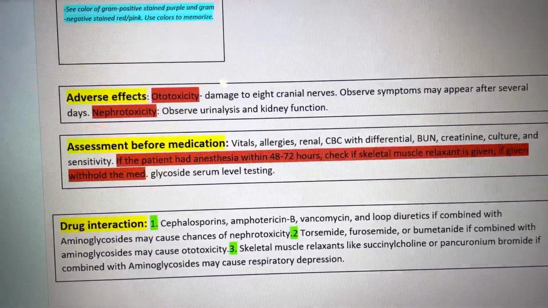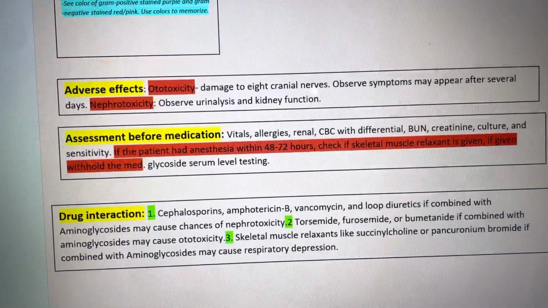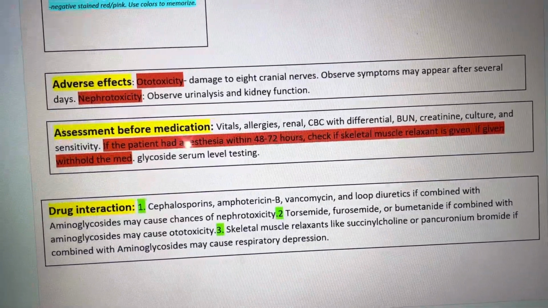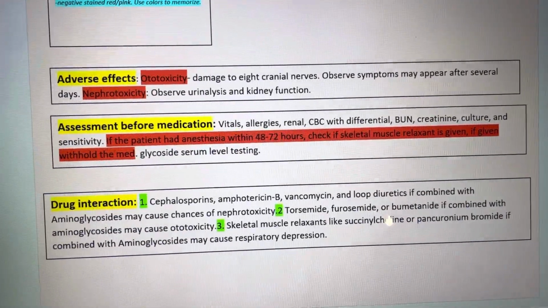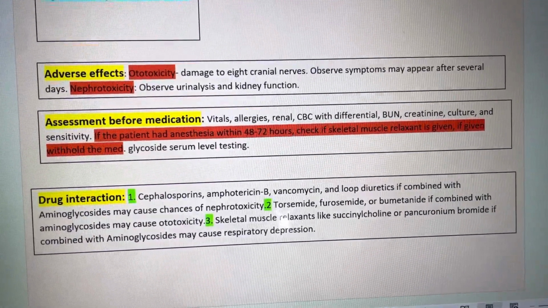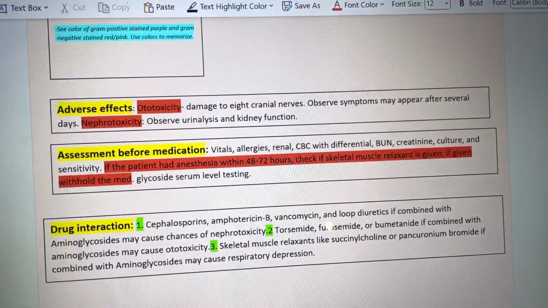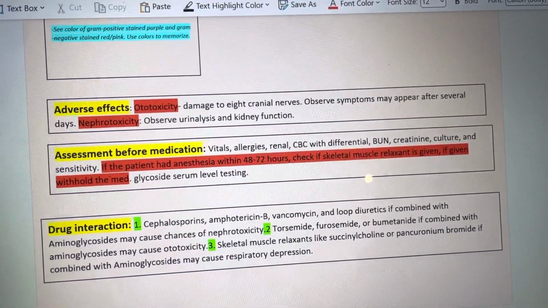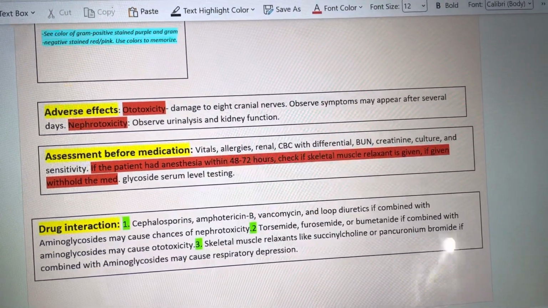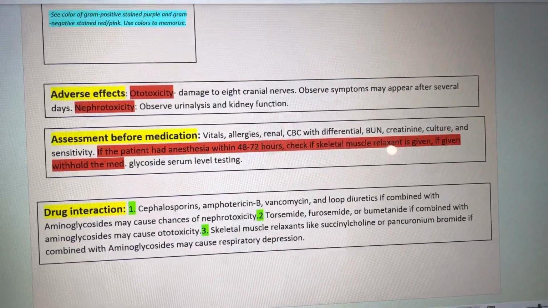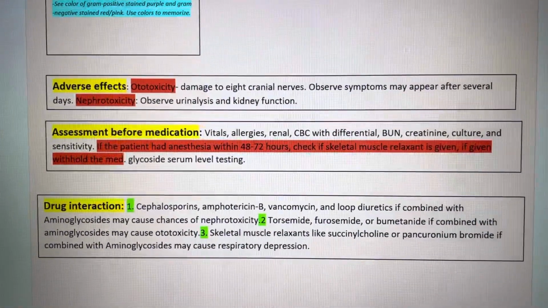So obviously, as we see, we need to observe urinalysis and kidney function. And as we see, if vancomycin or the cephalosporins are combined with aminoglycosides, they can cause nephrotoxicity. So this is very important, so we can relate all these things together. And instead of going on one thing, if we group them together and study them together, we can link them together for a better understanding of why we are doing it.